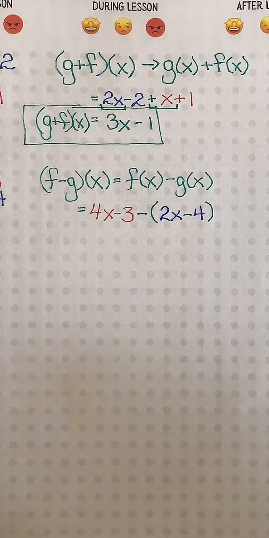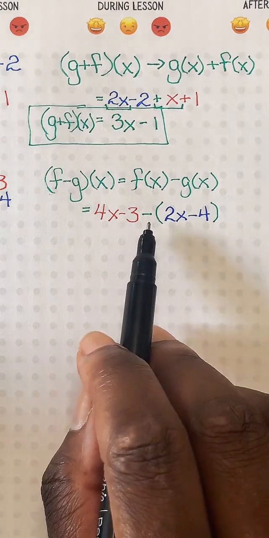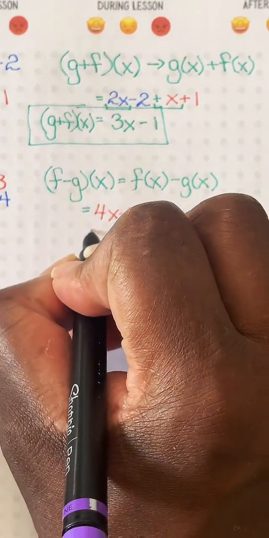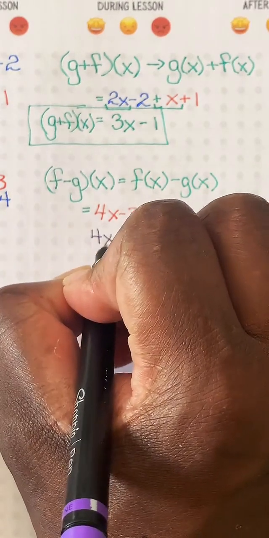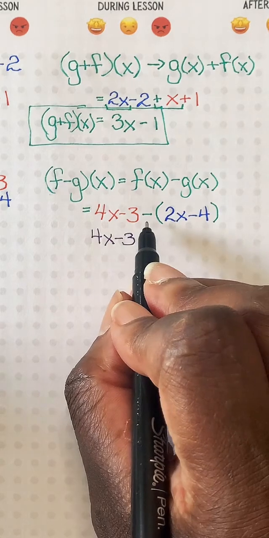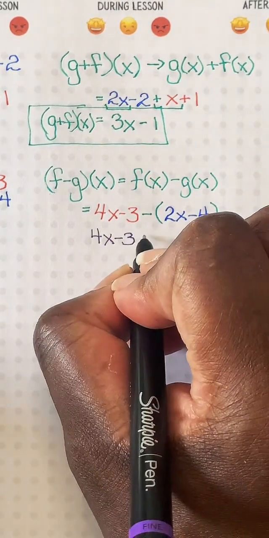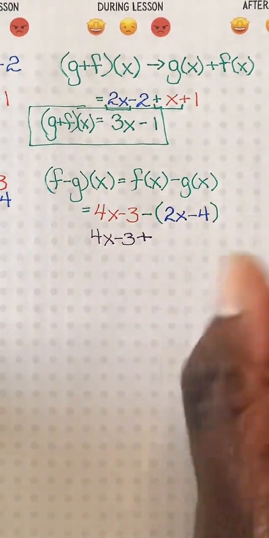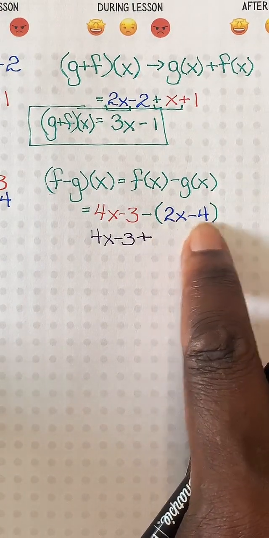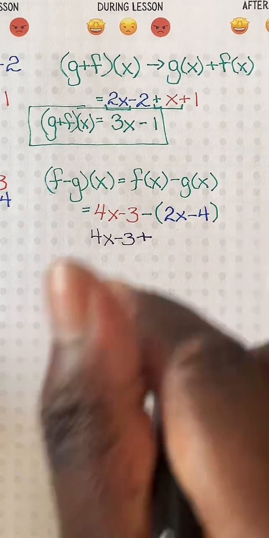I know. But I'm going to keep my first expression, that's my 4x minus 3. I'm going to change this minus to a plus. And then I'm going to change or flip all the signs in the second expression.